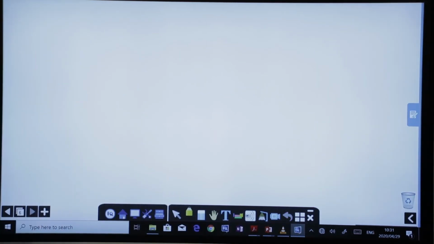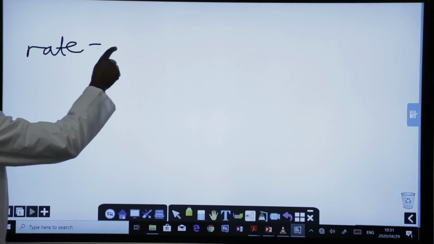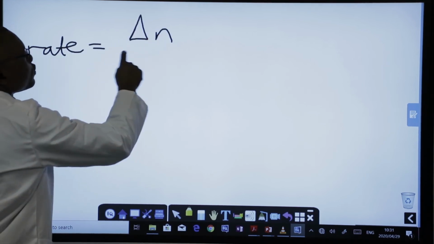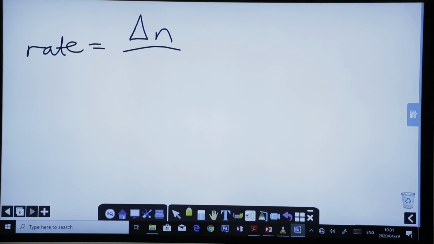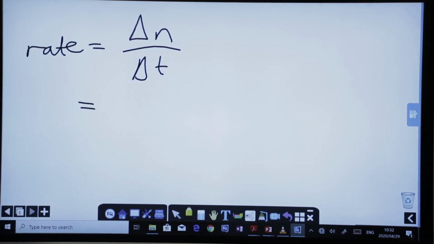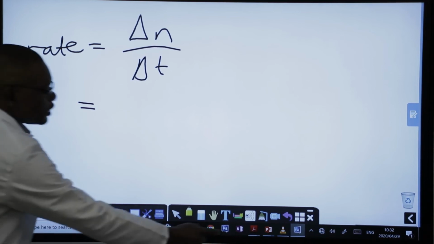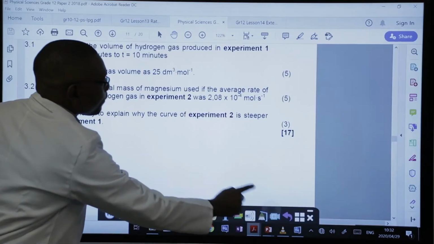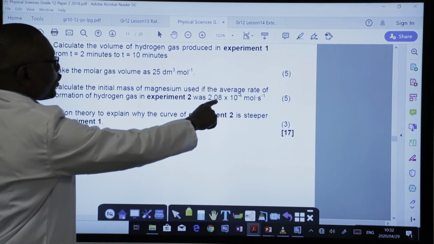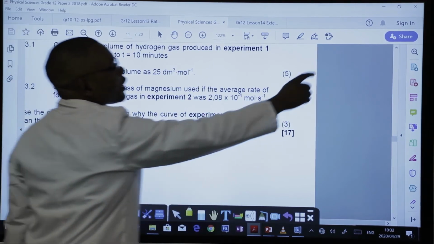We know that the average rate is equal to change in the number of moles over change in time, where we have observed that the rate here is 2.08 times 10 to the power minus 4 moles per second.